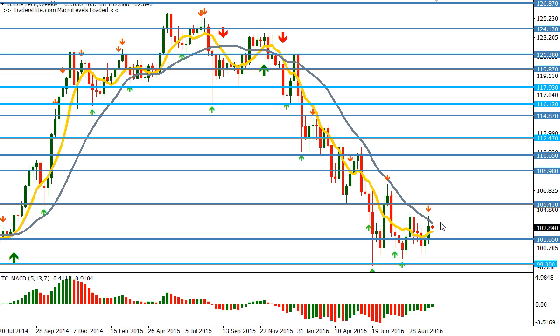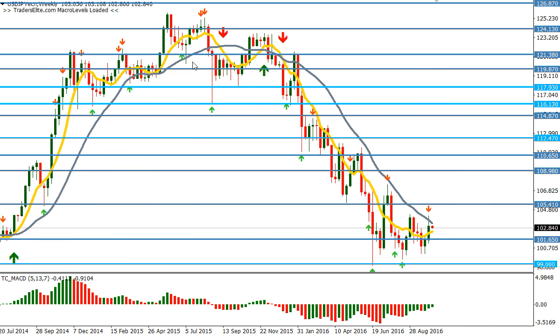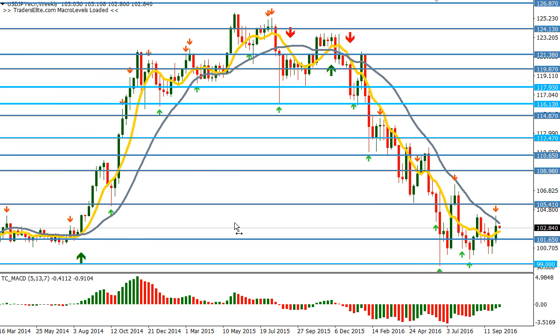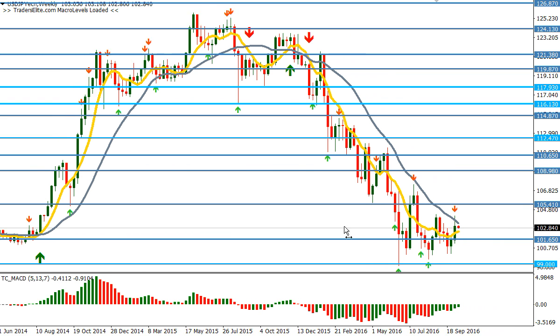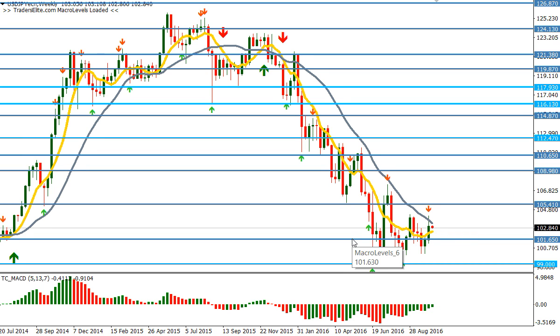That's very exciting because we're now at levels where we were before the big upward move occurred a couple of years ago, back in good old 2014. So this could be huge. The Bank of Japan wants to see their currency lower and is continually worried about how high it is.